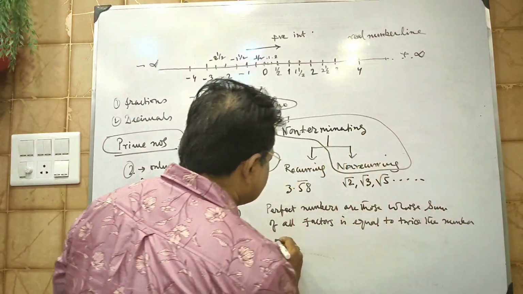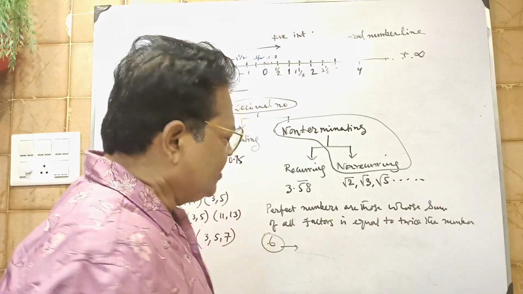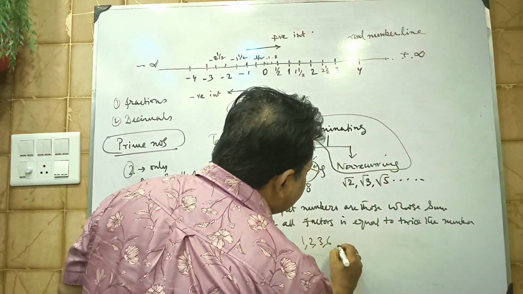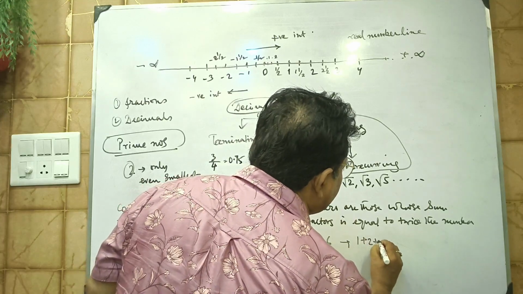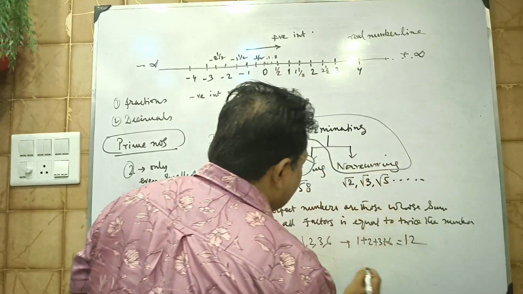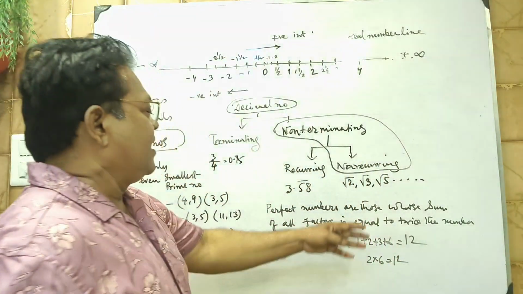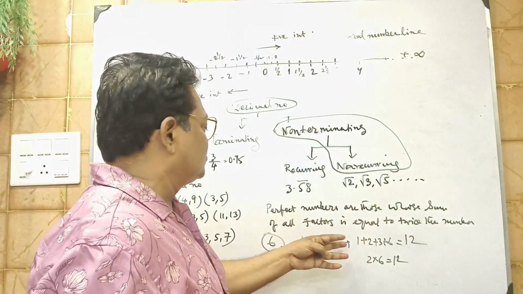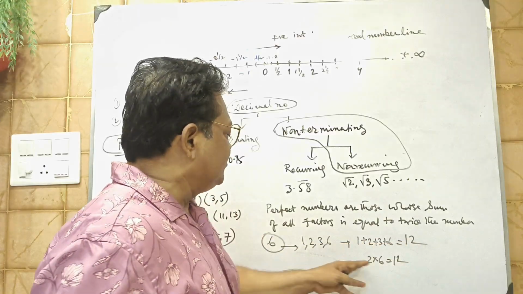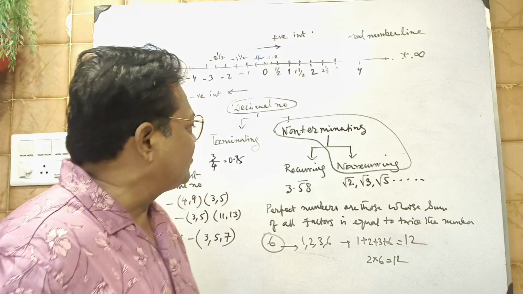As for example, 6 is the smallest perfect number, because all factors of 6 are 1, 2, 3, 6. If you add them, 1 plus 2 plus 3 plus 6, you will get 12. It is also 2 into 6 equal to 12. So perfect numbers are those whose addition of all factors must tally with twice the given number. Here 6 is a perfect number.